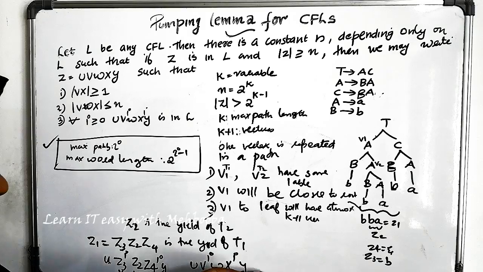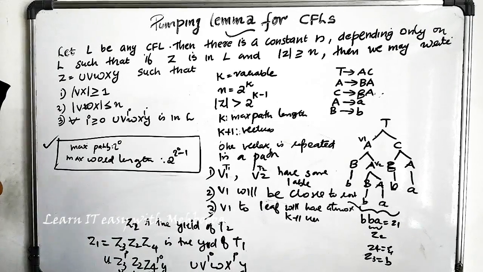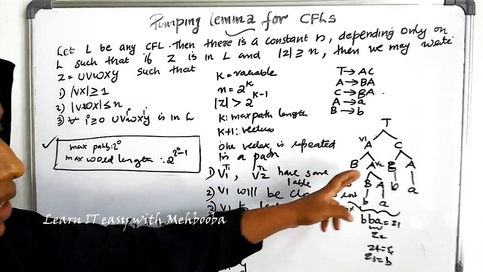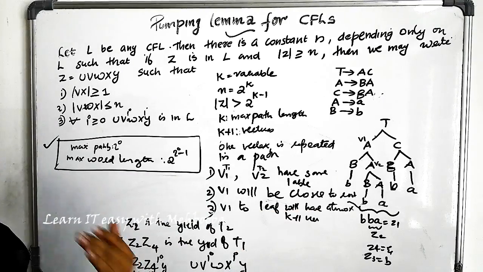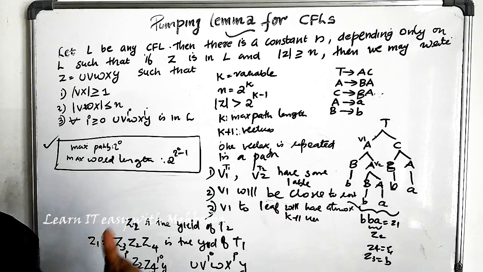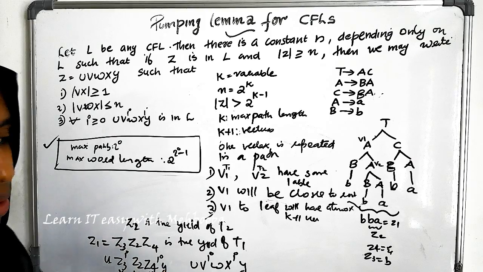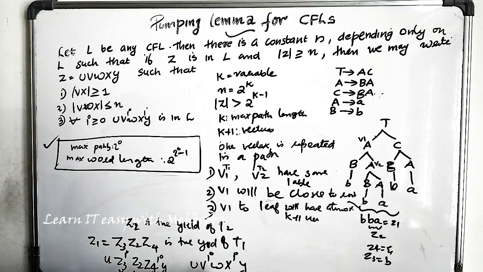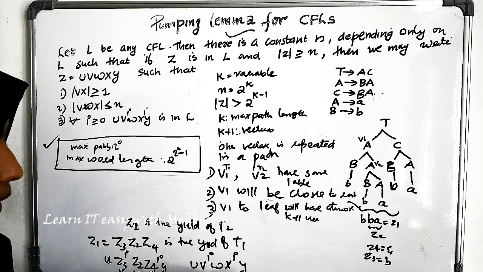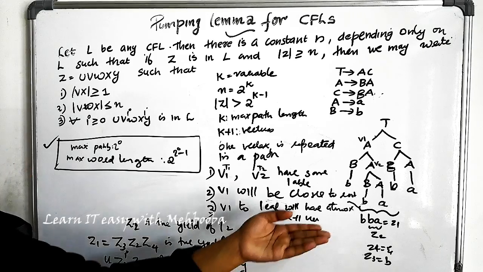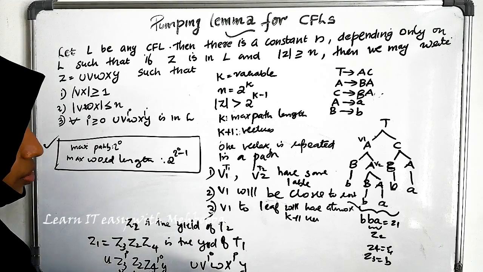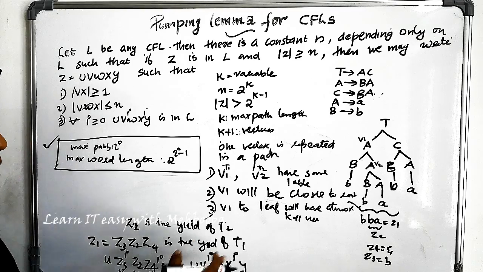So this is again part of this language, because since the variable is recursive, all the strings derived from the grammar by repeated application of that variable are also in the language. So U, V raised to i, W, X raised to i, Y is also part of this language, for any value of i.